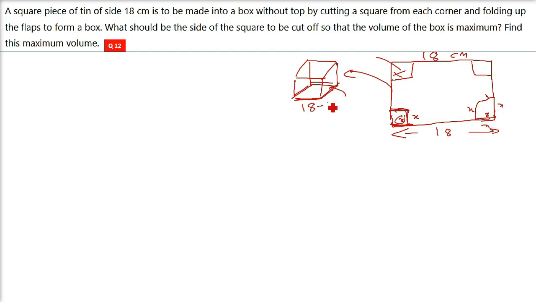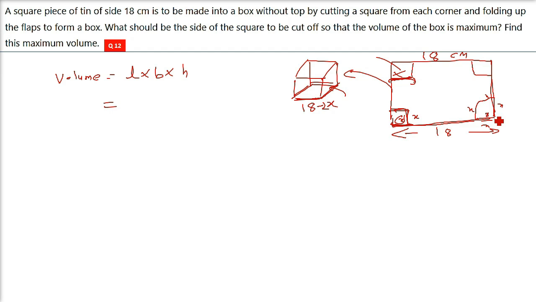What will be the breadth? Same logic, because all the sides are 18. Again, on the breadth side also, the x side and x side are being eliminated. So again, the breadth will also be 18 minus 2x, x from one corner and x from the other corner. So volume will be length into breadth into height, and that will be in cubic units.